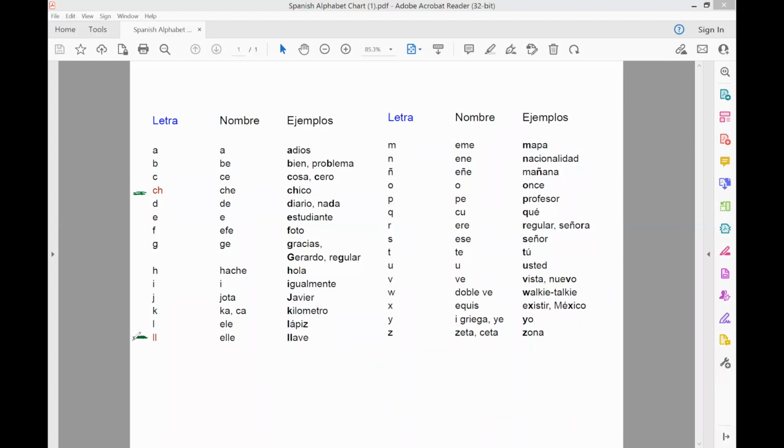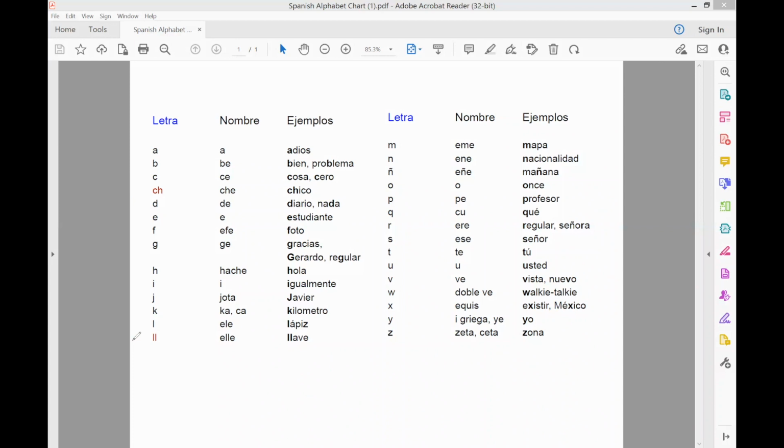We still have those sounds and words spelled with them, but they're not their own separate letters. So if you have old dictionaries from the 90s or before, the CH words will be their own section. They'll come after the C's, the CHs. Okay. Let's continue. Continuamos.